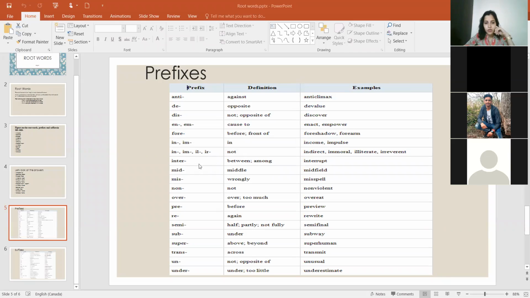Now let's move on to the prefix mid, which means middle. Midway, midsection, midway, yes. Midnight, midday, right. Mid-season, mid-year, okay.